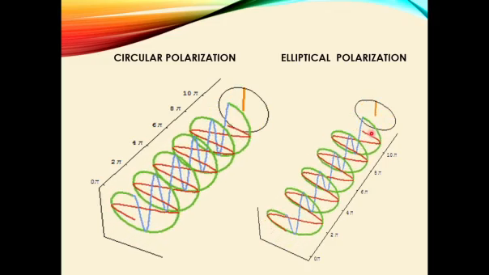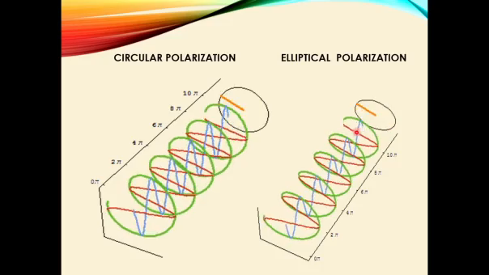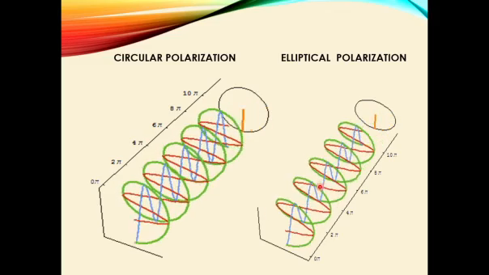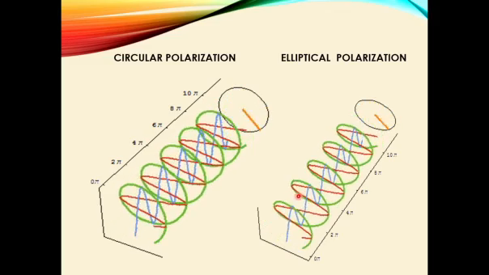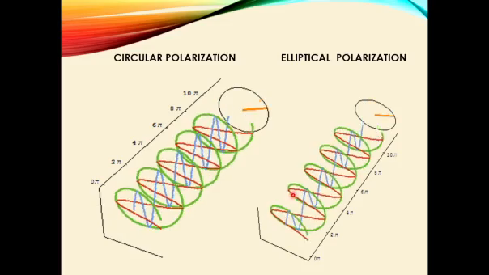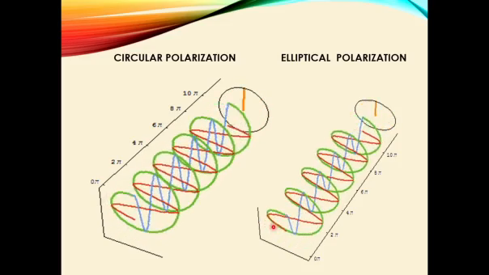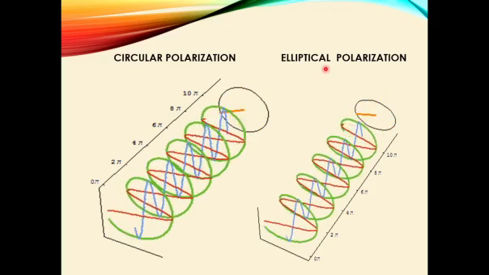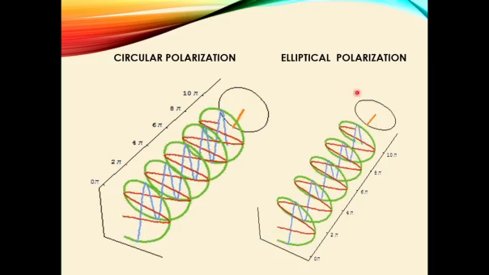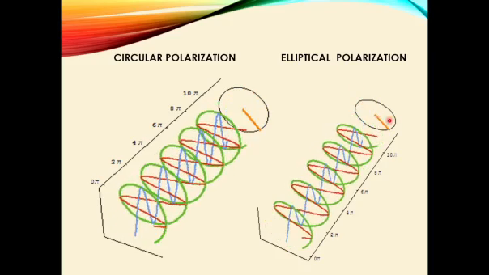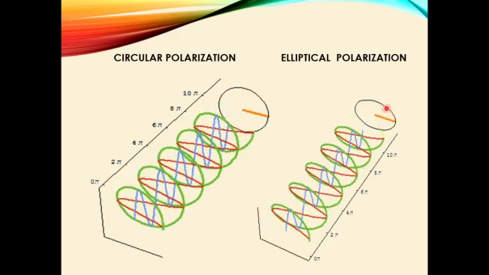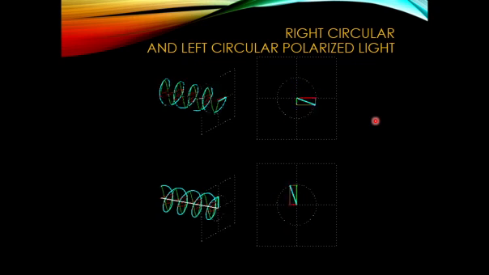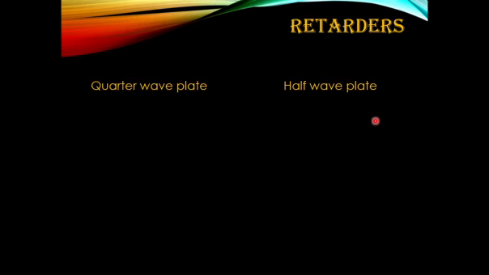So when two plane polarized waves having a phase difference of 90 degrees and with different amplitudes superpose, you can see the resultant will constitute an ellipse. Okay, and hence the polarization is called elliptical polarization, and this orange line shows the resultant at each instant. Okay, so this is another way to represent it.